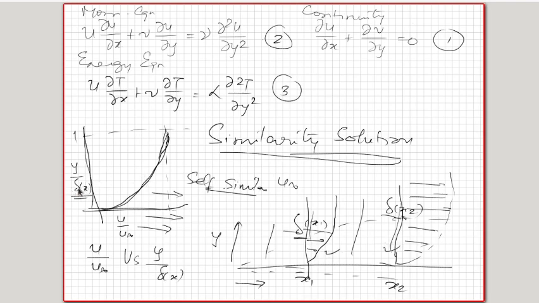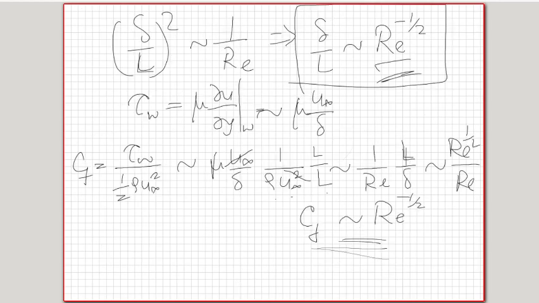Okay. So the delta, which actually goes as Re_x to the power of minus half, is what we saw: delta by L goes as Re to the power of minus half. That's basically what we saw in this page.